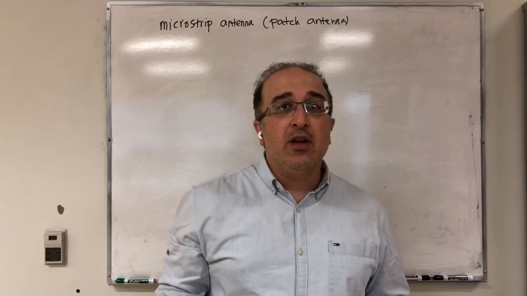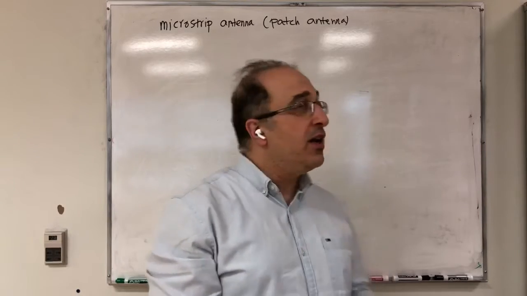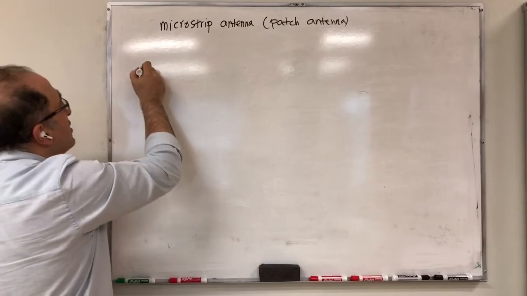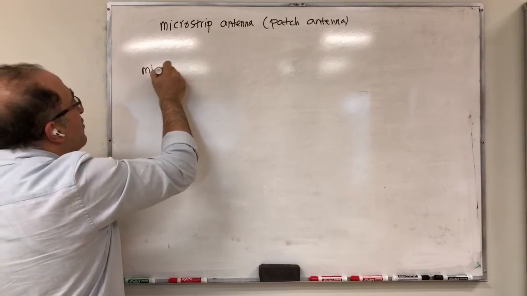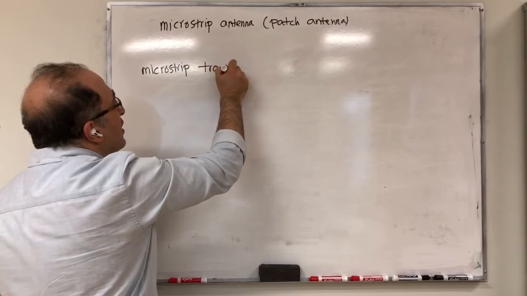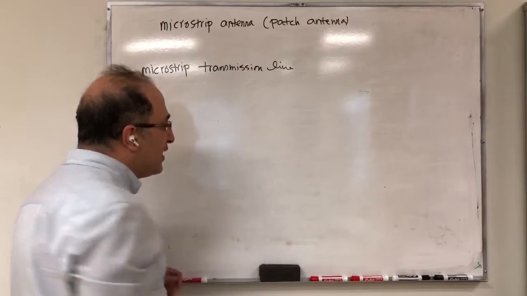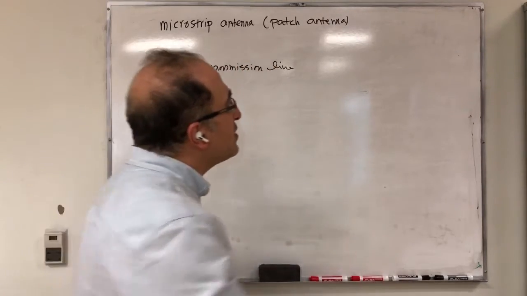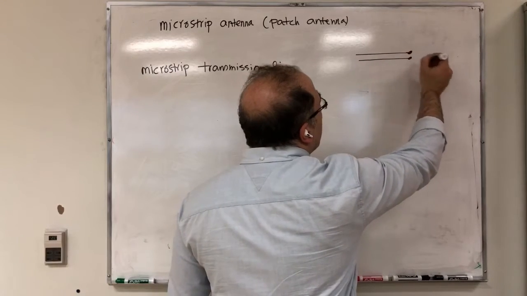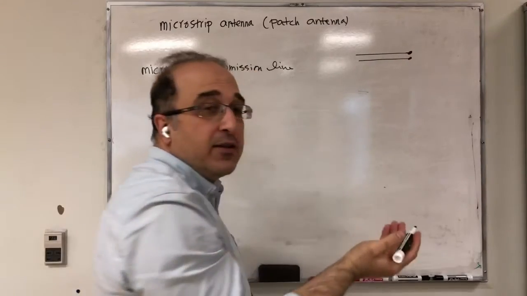This is not the focus of this course, so I'm just going to go very briefly on microstrip transmission line. So instead of starting with microstrip antenna, I'm going to first start with microstrip transmission line. The reason that I'm starting with this is that you saw that when we discussed dipole antenna, we thought of dipole antenna as evolving from open-ended transmission line.